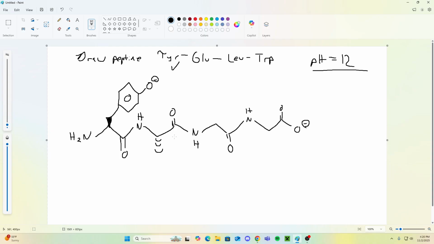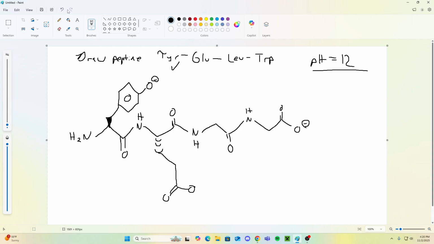So glutamic acid. Glutamic acid and aspartic acid are very similar, except they're different by one carbon. So glutamic acid has 1, 2, 3 carbons, and on this third carbon is your carboxylic acid.